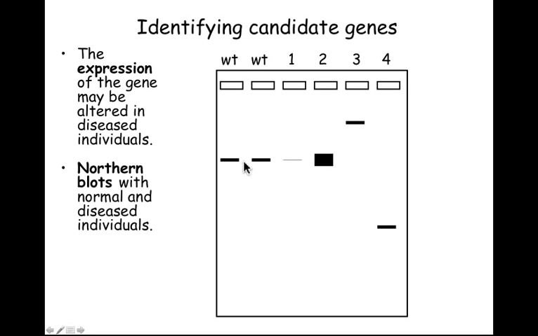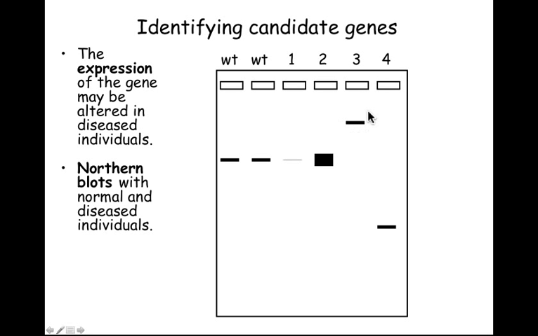So if you compare wild-type individuals to mutant individuals, you could see various things. Like here we have one where we have a lower than normal expression of this gene, or we could see a higher than normal expression of this gene. So either one can lead to a disease state, underexpression or overexpression. We could also see differences in size in addition to the abundance.